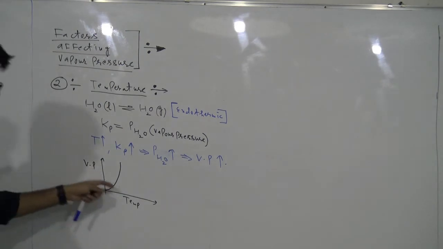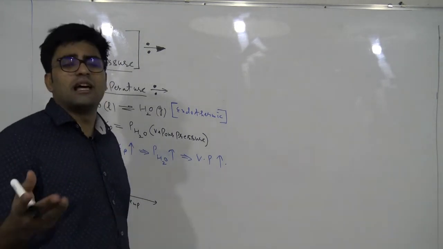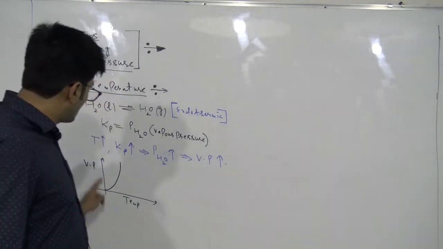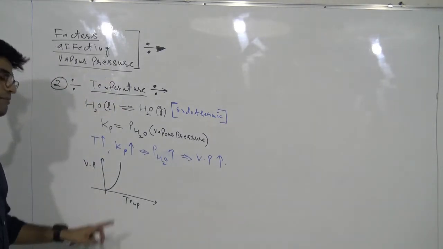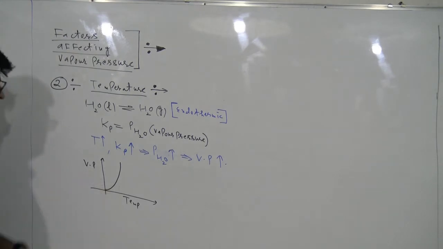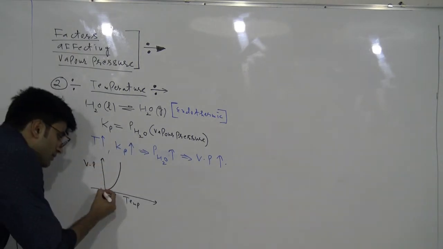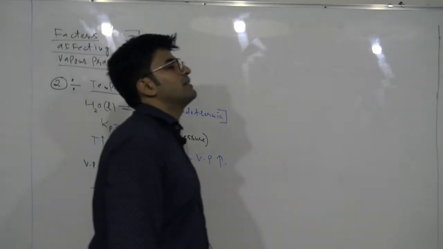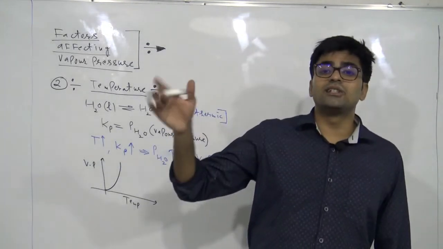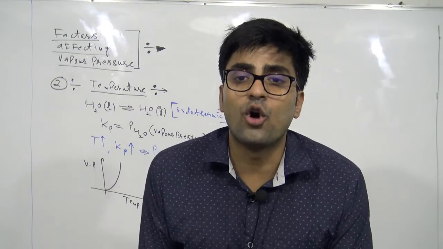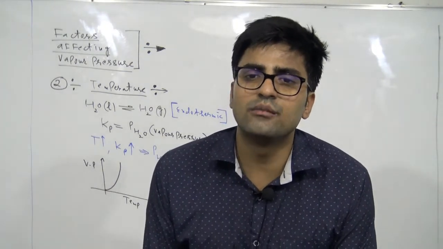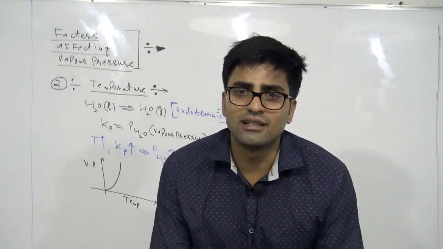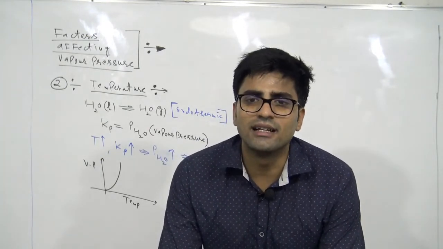Okay, now why is the graph like this? That we can see with the help of mathematical equations, but we will not go into that, right? Just keep in your mind that vapor pressure versus temperature, we know that it is increasing, but they can give you this graph also, a straight line, linear graph. Vapor pressure and temperature do not increase linearly. Their increment is non-linear. That can be explained by the vapor pressure and temperature equation that I am not going to discuss with you because I don't think they will ask that equation, right?